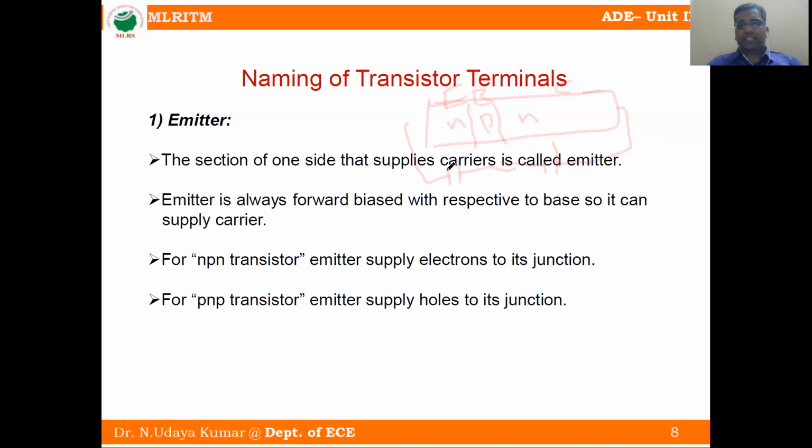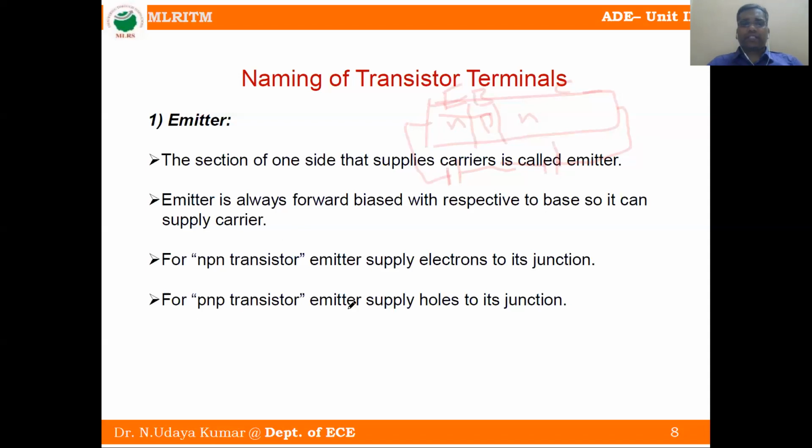Why? In N-type material, the majority charge carriers are electrons, so it has negative charge. Negative repels, so these electrons move towards the base.